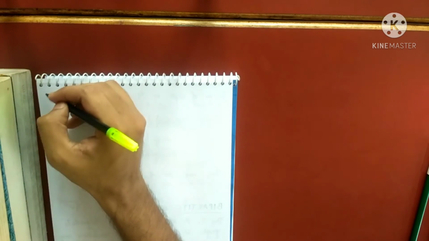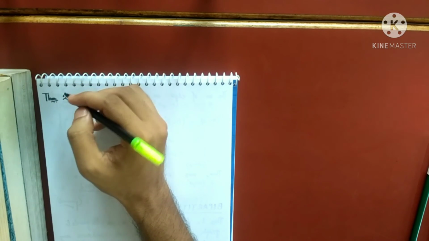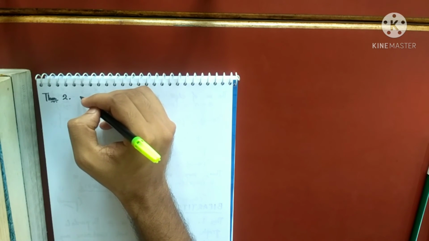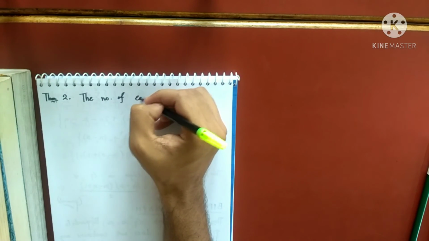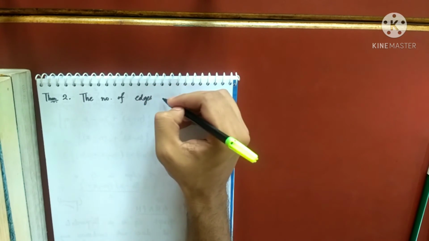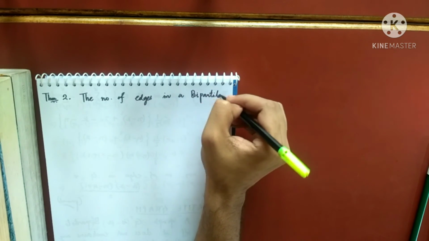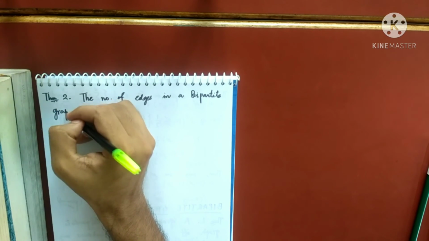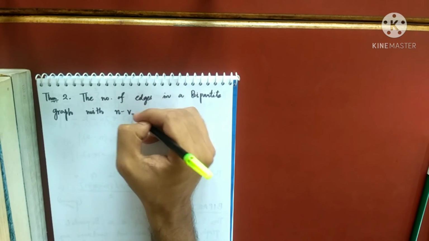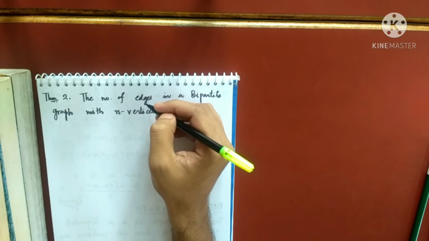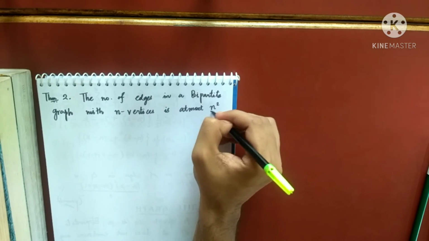Another theorem is this, theorem 2, which I should have done earlier itself. The number of edges in a bipartite graph with n vertices is at most n square by 4.